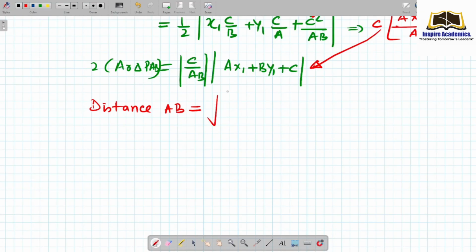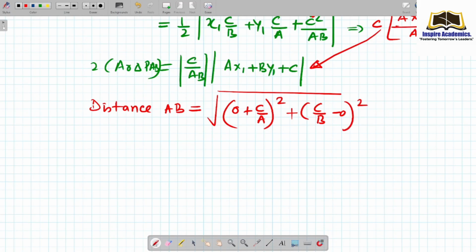It will be square root of 0 plus C by A plus C by B minus 0 whole square, which is C square plus CB square. Okay. So what did we get? Is that correct? Yes or no?